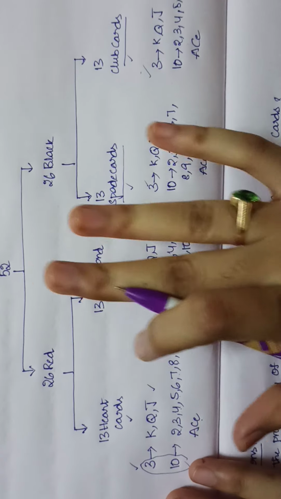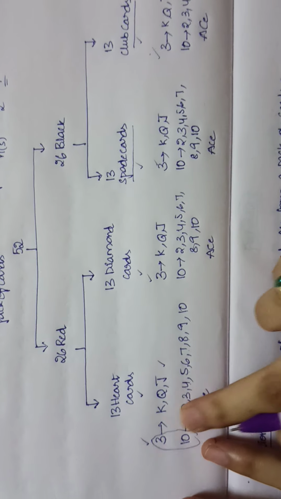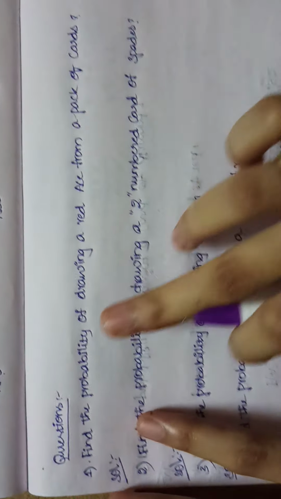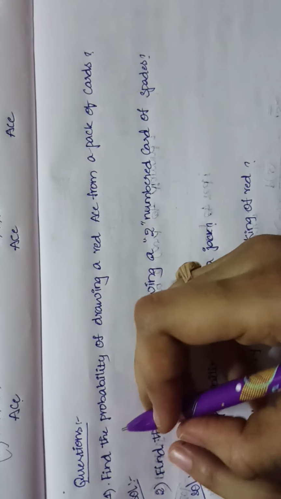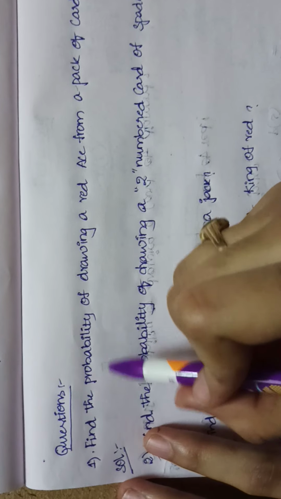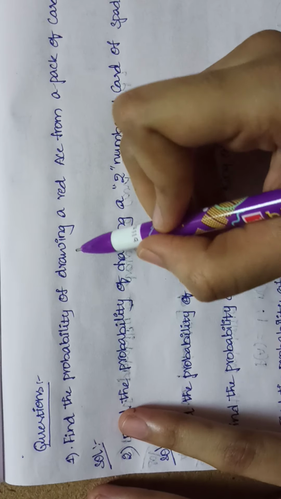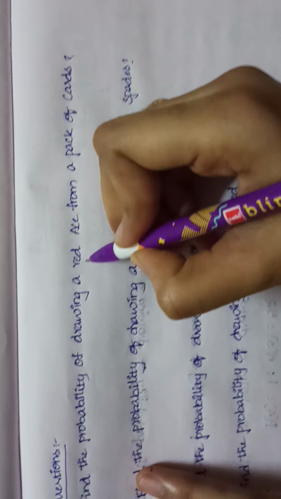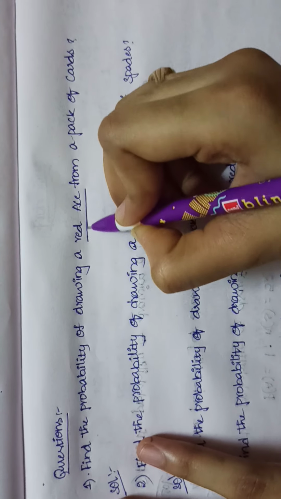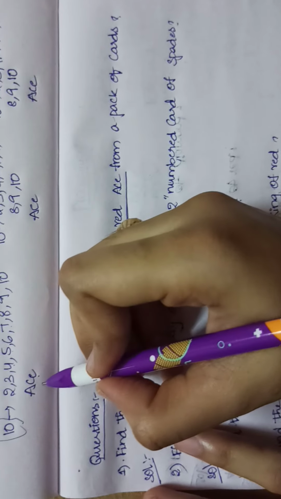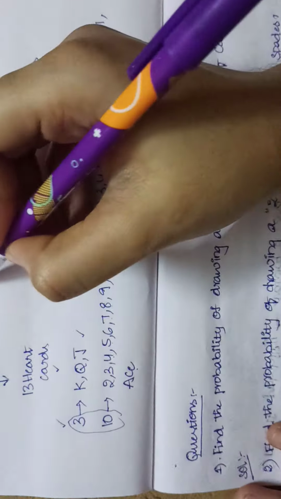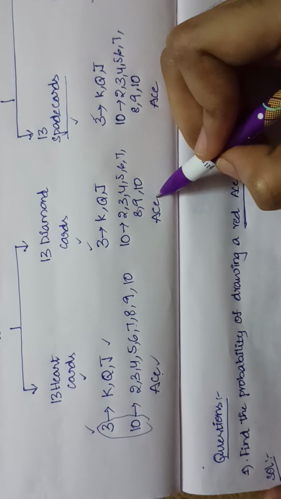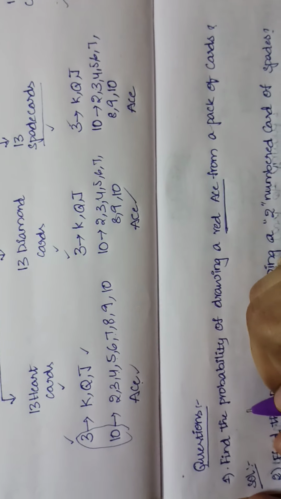Okay, let us see how we can solve problems based on these concepts. Here are some problems. We will see whether we can solve them or not. Let us look at the first problem. Find the probability of drawing a red ace from a pack of cards. First of all, let us look at the red cards. Here one is an ace and here one is an ace. So there are two.